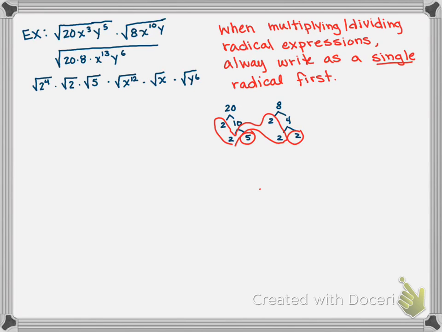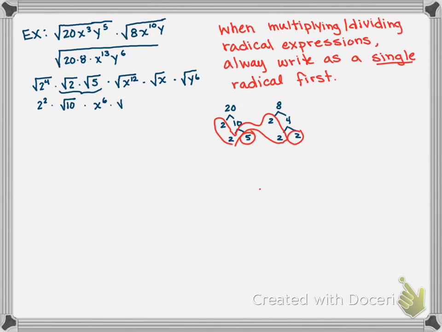And now we'll take our square root. So the square root of 2 to the 4th is 2 squared. These I'm not going to be able to take the square root of, so I'm going to go ahead and combine them and call that the square root of 10. And then the square root of x to the 12th is x to the 6th.